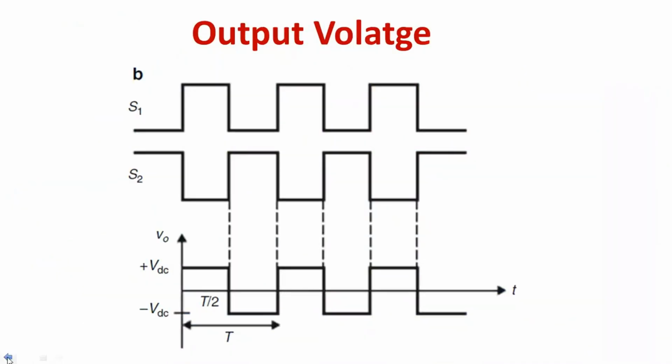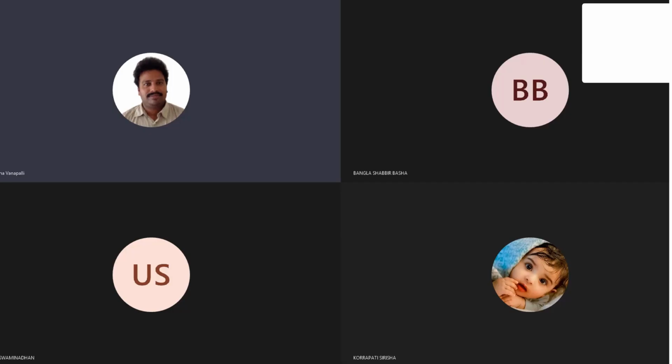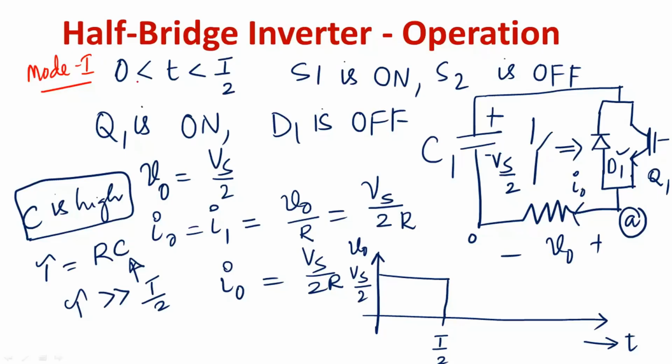I am taking the time interval 0 to T by 2 as mode 1. During mode 1, S1 is on and S2 is off. So during this mode 1, the load voltage is positive.